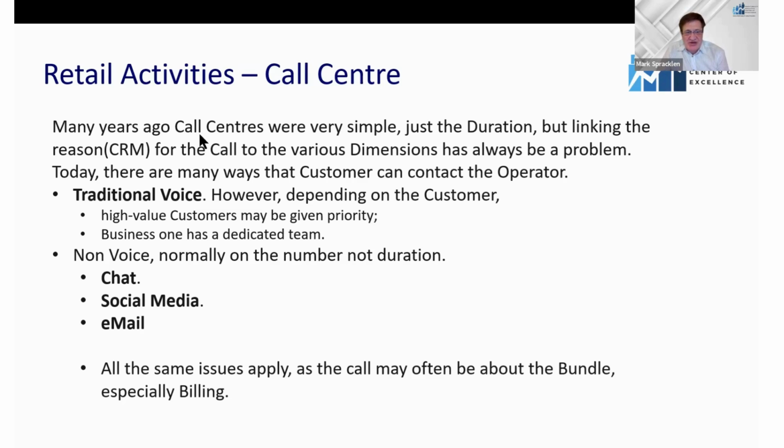Now, this used to be quite easy traditionally because it was just duration. People call into the call center, and you can monitor how many people call in and for how long, and then use that as the allocation. But over the last few years, that's got much more complicated. And you've got all the other channels now, which people are pushing because it's much cheaper. So chat, social media, and email. And a similar thing to the sales channels applies to these as well.